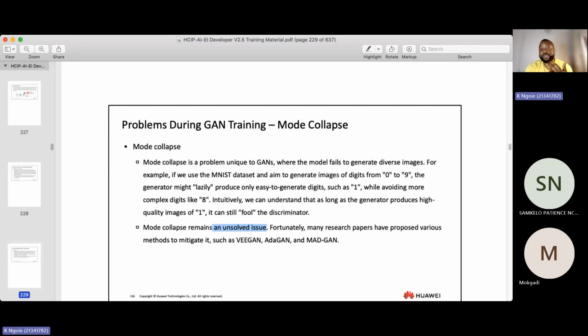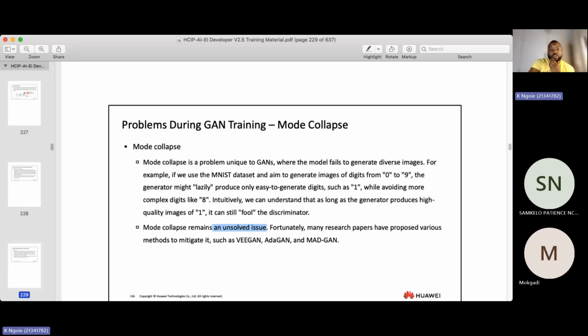But in mode collapse, the generator might only produce samples around cluster A. So now we have a real data distribution, which was supposed to be A, B, and C, but the generator output is only A. So even though the samples look realistic, they don't represent the full diversity of the real data.